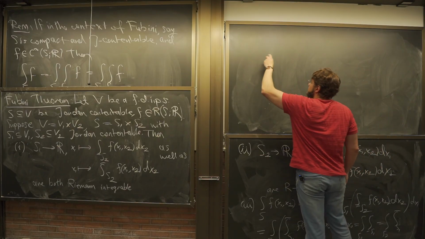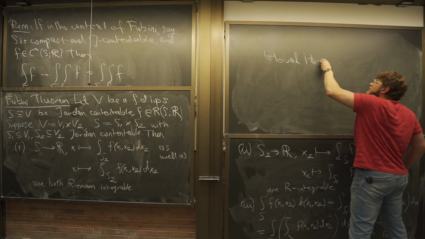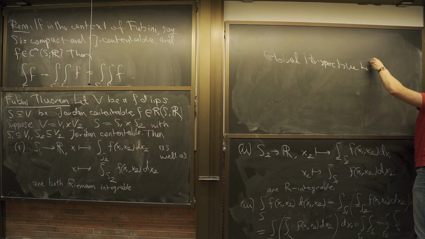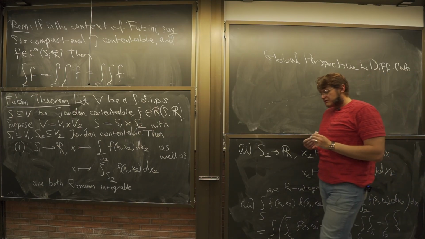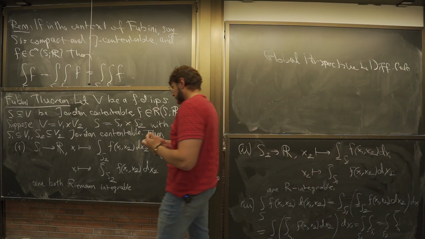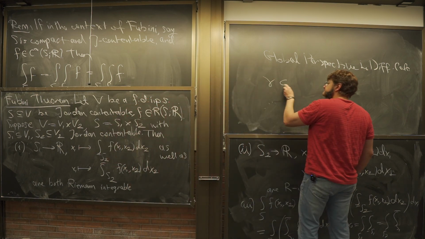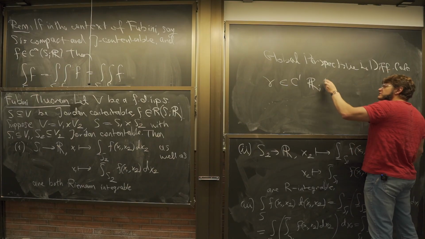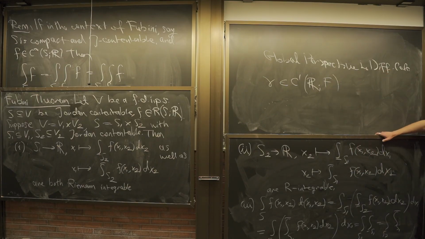And so the global perspective with differential calculus. The idea is this. Let's start with a C1 curve in some space F. Well, we can take it to be a finite dimensional norm space, whatever.